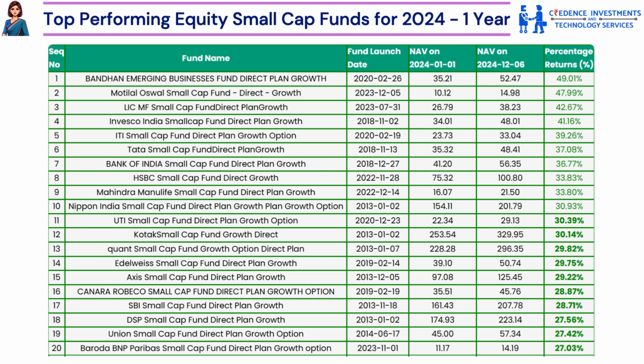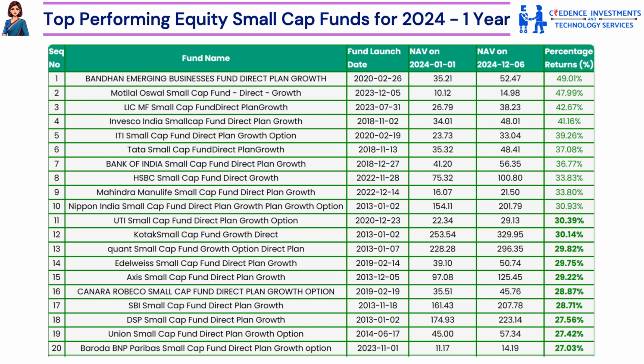Other notable funds: Invesco India Small Cap Fund, 41.16%, and ITI Small Cap Fund, 39.6%, also delivered strong returns. Lowest among top 20: Baroda BNP Paribas Small Cap Fund recorded a return of 27.03%, still a strong performance.